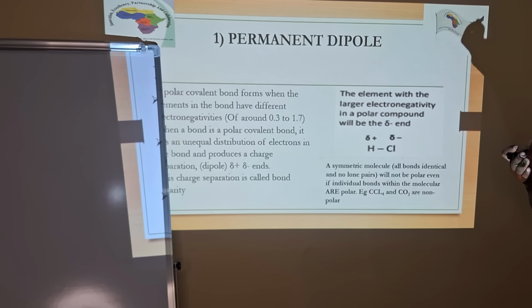In polar covalent bonds, you have an unequal distribution of electrons in the bond, and this results in the separation of a partial positive charge in one atom and a partial negative charge in the other. That phenomenon of having a partial positive charge and a partial negative charge in the two atoms in the molecule gives rise to what we call bond polarity.